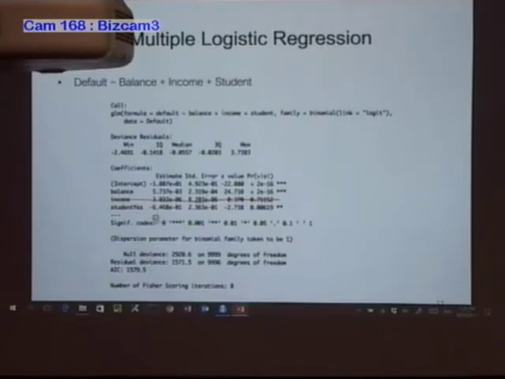That's the difference. Earlier was just a general comparison of students and non-students. Now we're saying for the same balance, let's compare students and non-students. So this is a fair comparison. And if you're curious, you can compare their AIC to see which one is a better model. I think it should be this one. This has 2 significant variables.